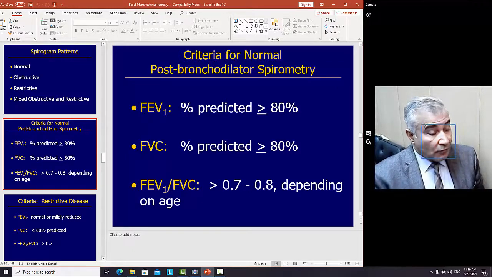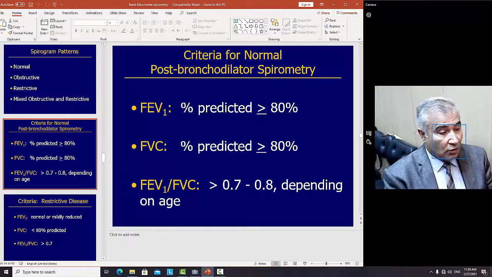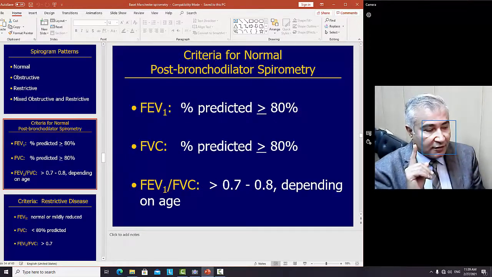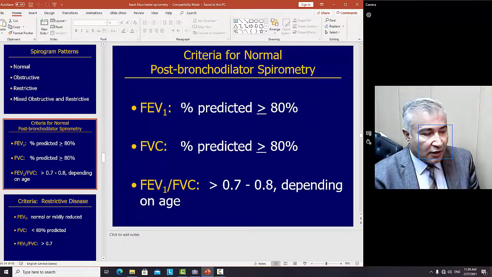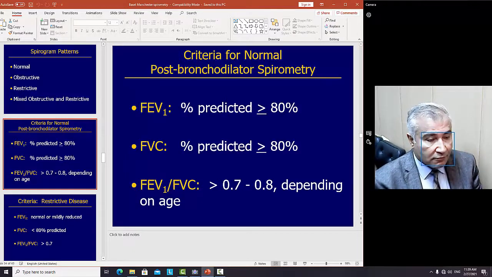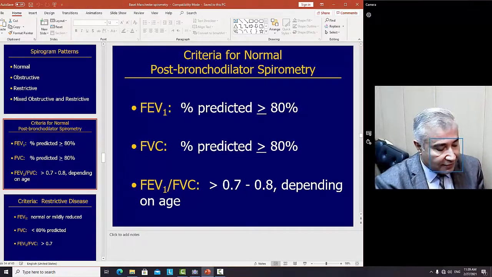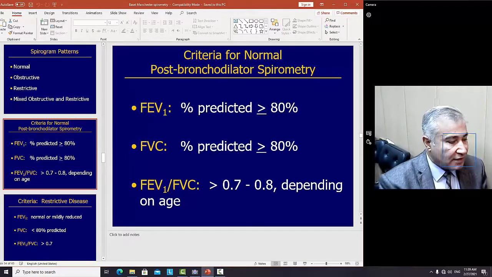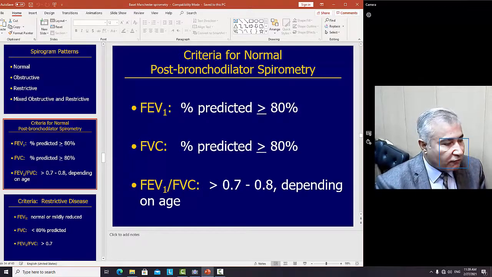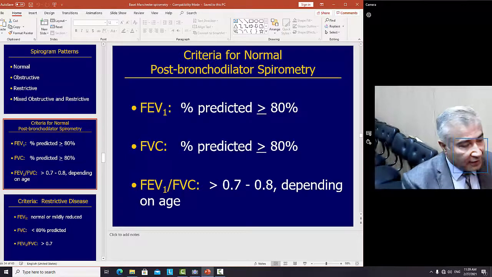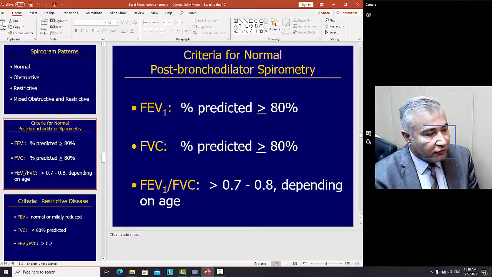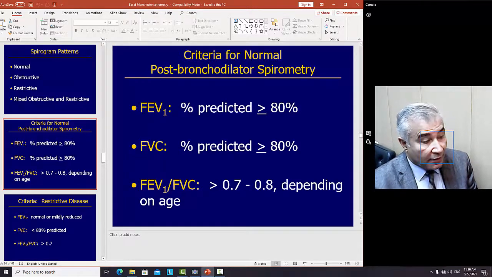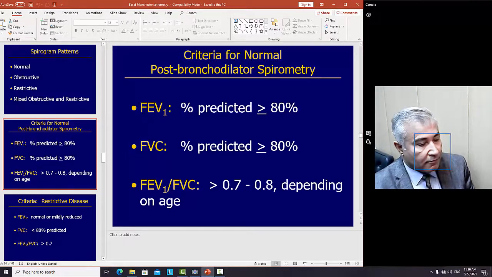So the normal values are percent predicted forced vital capacity above 80 and FEV1 above 80. With all 3 indices up, this patient is normal: FEV1% above 0.7, forced vital capacity above 80%, and FEV1 above 80%.